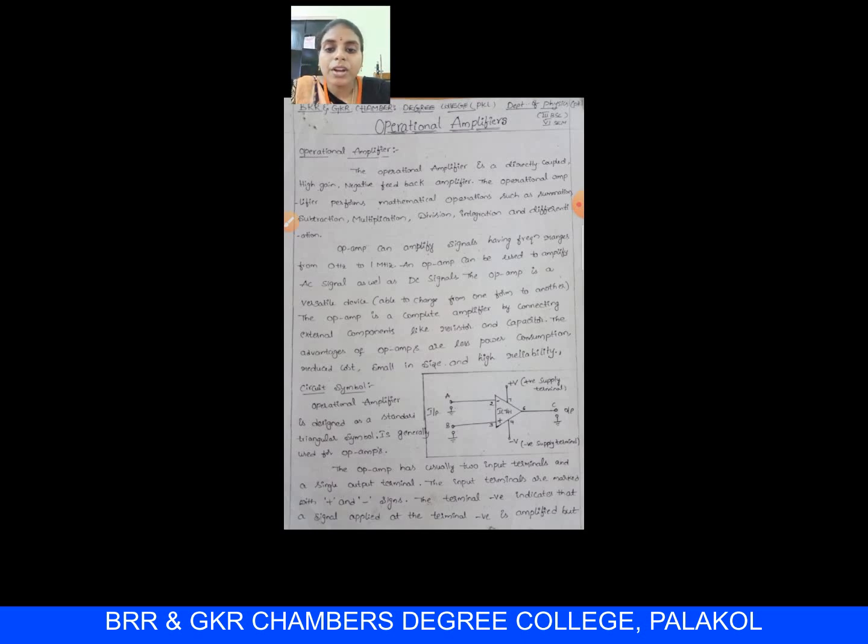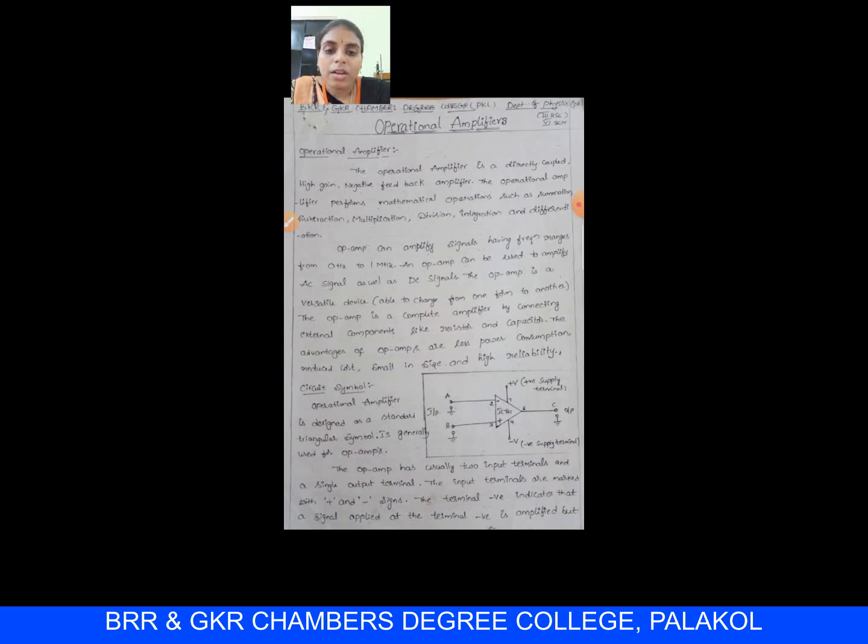The operational amplifier becomes a complete amplifier by connecting external devices like resistors and capacitors. The advantages of operational amplifiers are less power consumption, reduced cost, small size and high reliability. Less power consumption: the operational amplifier does not use much voltage or much power to work.